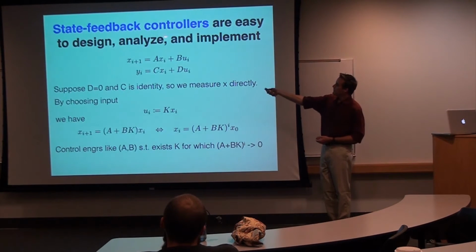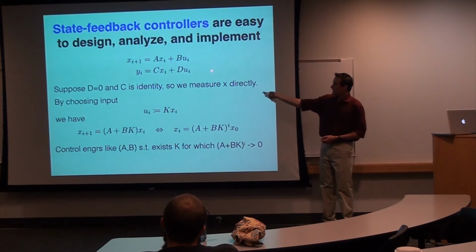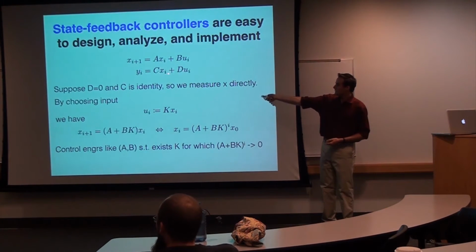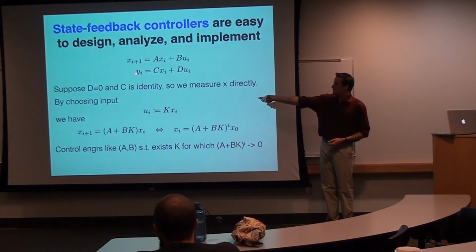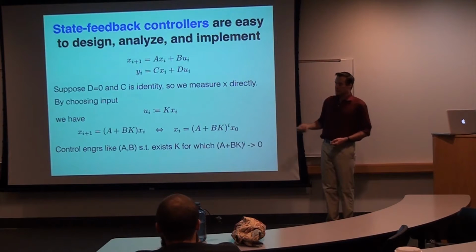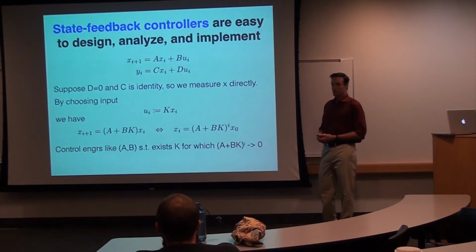A common class of controllers are called state feedback controllers. The idea is if you have some discrete linear time invariant system, and D is 0 and C is just the identity matrix, then what this is saying is that you can observe all of the states directly. There's no mixing or no subspace that you're limited to.